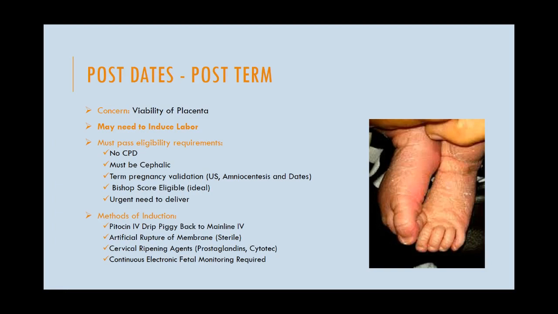If the cervix is not ripe enough, then we have to start out with some different types of medications to induce labor instead of something like Pitocin. We would want to start out with something like Cytotec or Cervidil to ripen the cervix first.